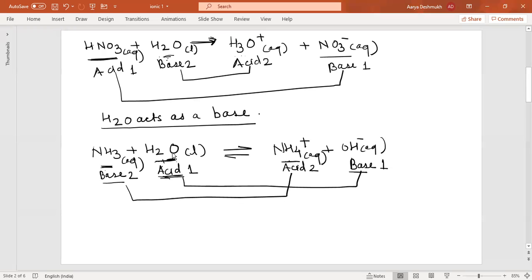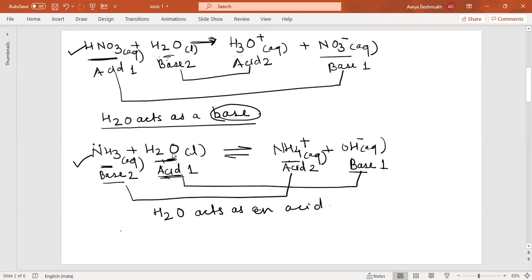Now you can see clearly that in this particular reaction the water molecule is acting as a base, and in the second reaction, this one, H2O acts as an acid. This is possible because the ammonia molecule has a lone pair on it, and due to the presence of this lone pair it acts as a base.